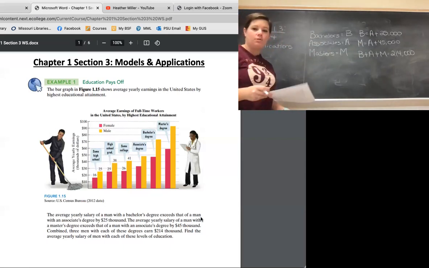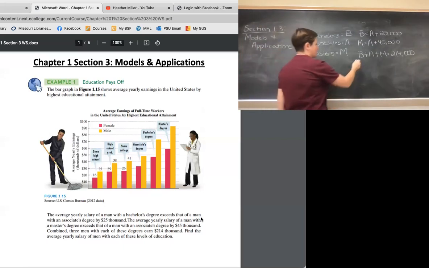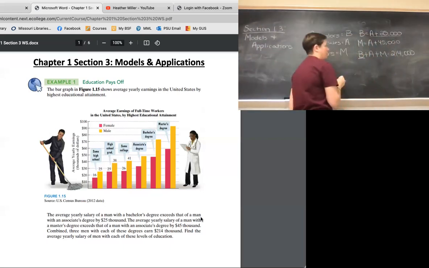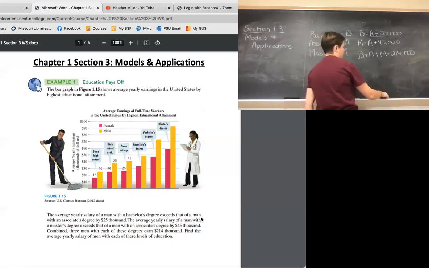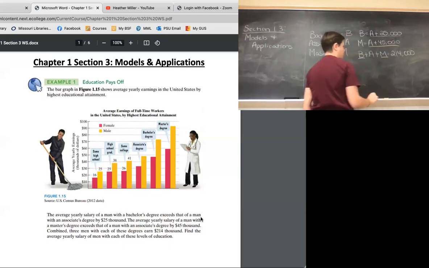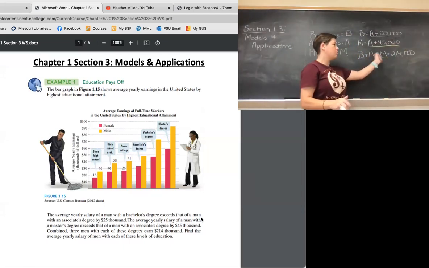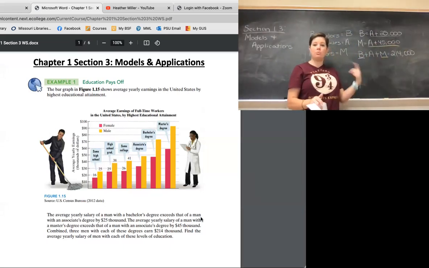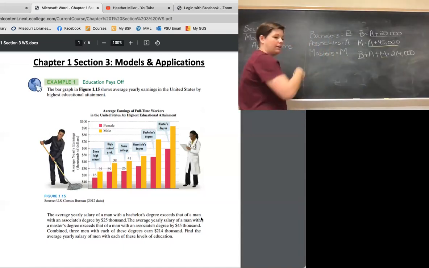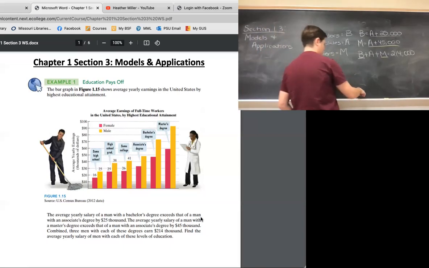So let's substitute in. Where there's a B, let's substitute A plus 25,000. Where there's an M, let's substitute in the A plus 45,000. Then our equation will be in terms of A's and numbers, and that's just one variable, one unknown, and we can solve for that. And then we can back solve to find out all of our other information.